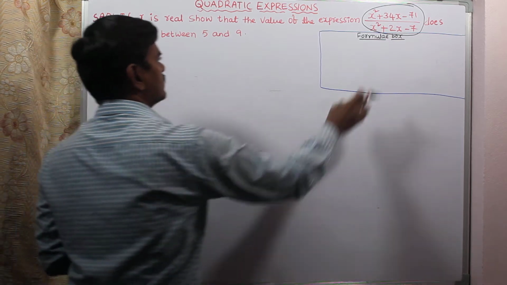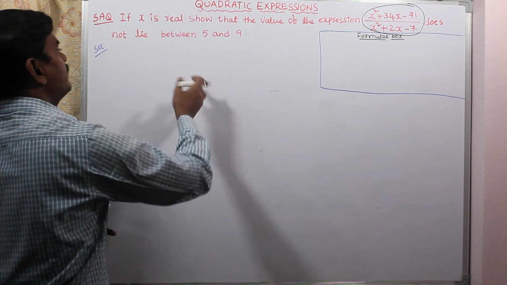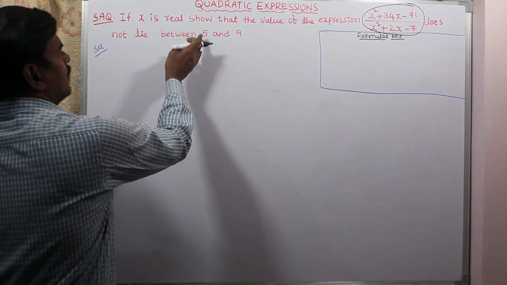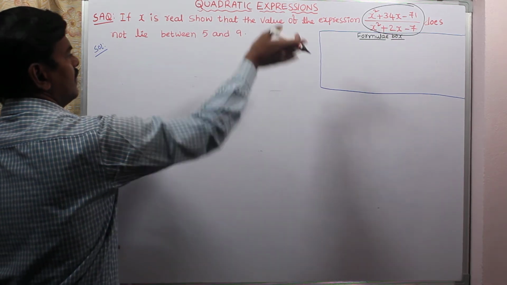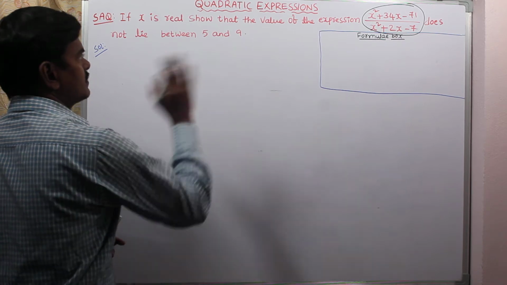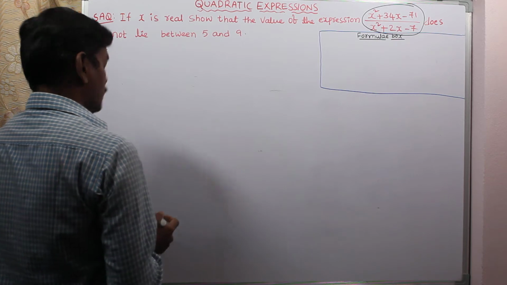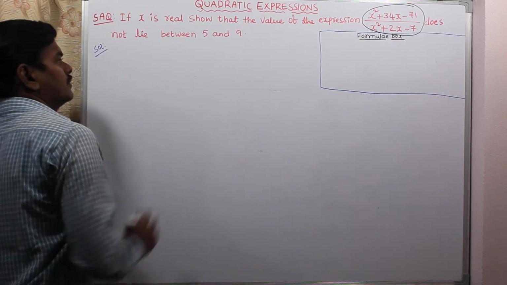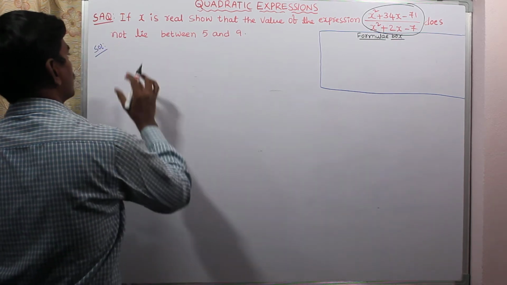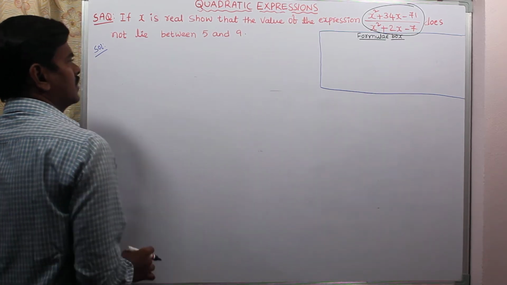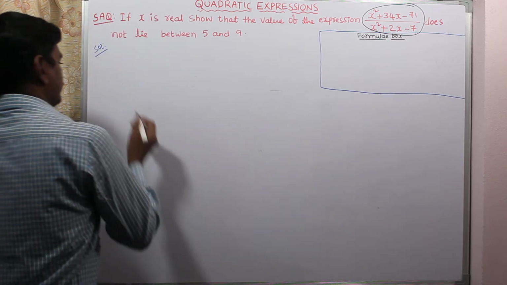So this expression's value does not lie between 5 and 9, which means it should lie either below 5 or above 9. This is a range problem and a very important problem. Every range problem we have to start with naming. We have to name the given expression as y.